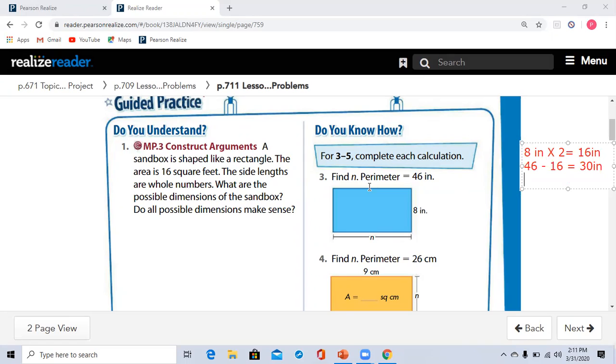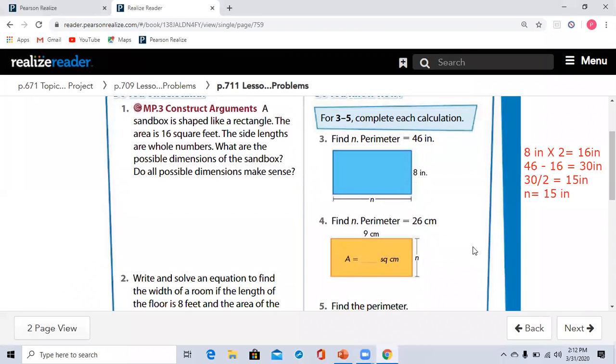So now I need to divide that 30 by 2. It will give me 15 inches. I know that n is equal to 15 inches. Not that difficult. Let's look at the next one, question number 4.